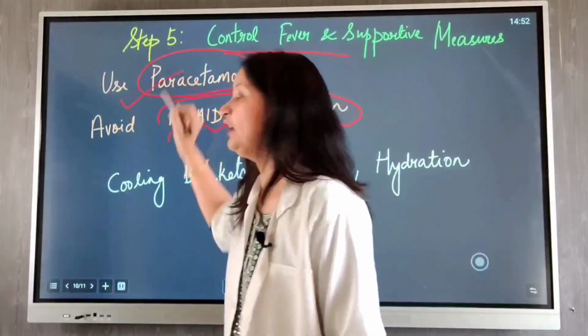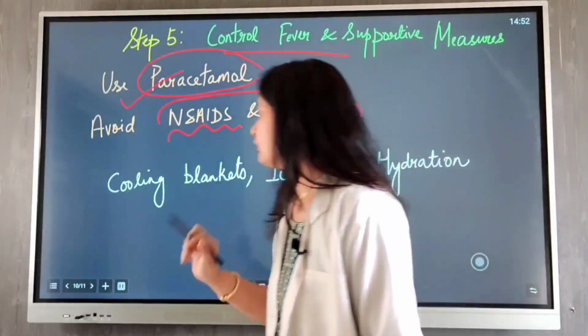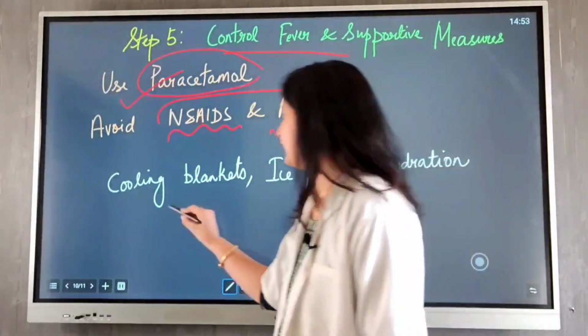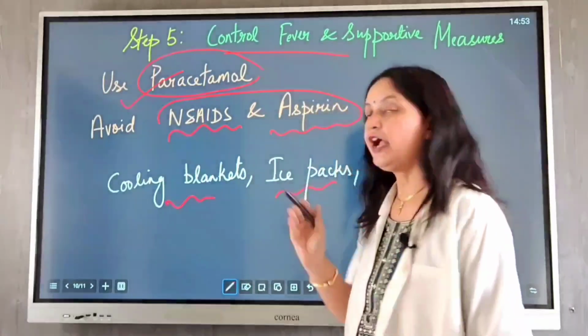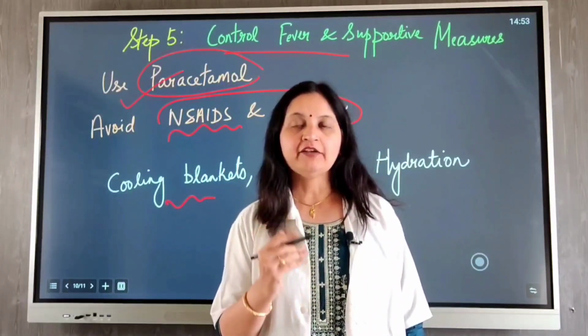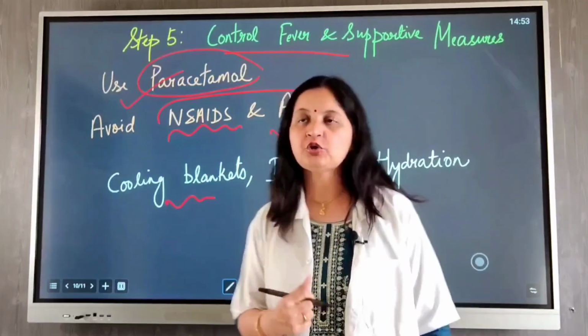Therefore, paracetamol is preferred for treating fever associated with thyrotoxic crisis. Additionally, cooling blankets, ice packs and hydration are to be maintained to reduce excessive hyperthermia, which is associated with thyrotoxicosis.